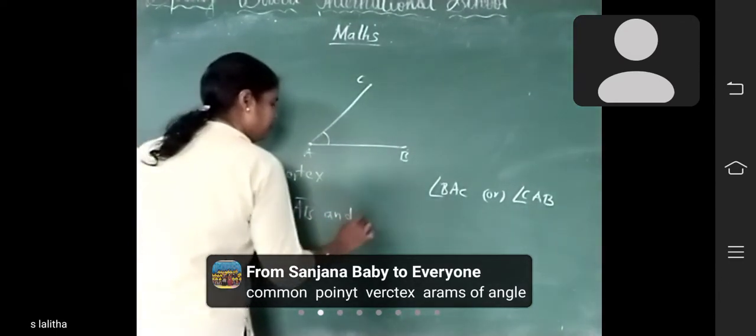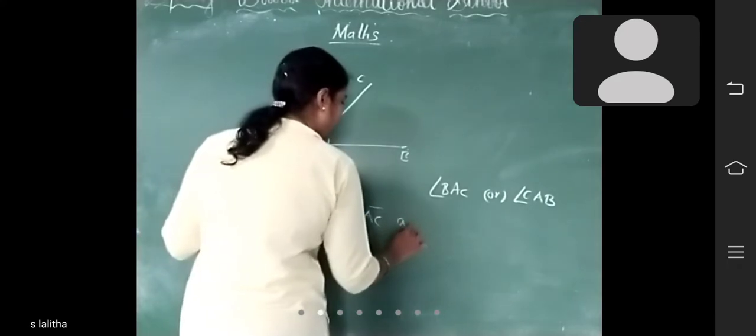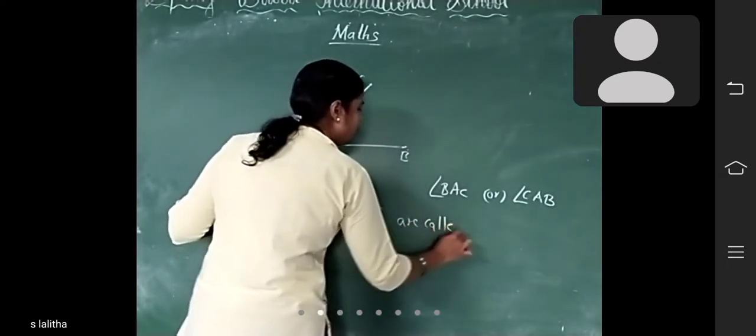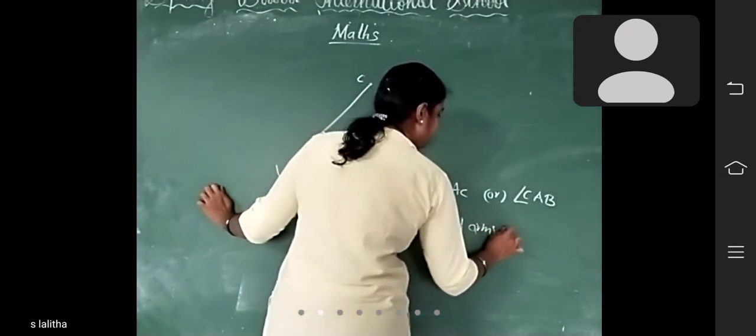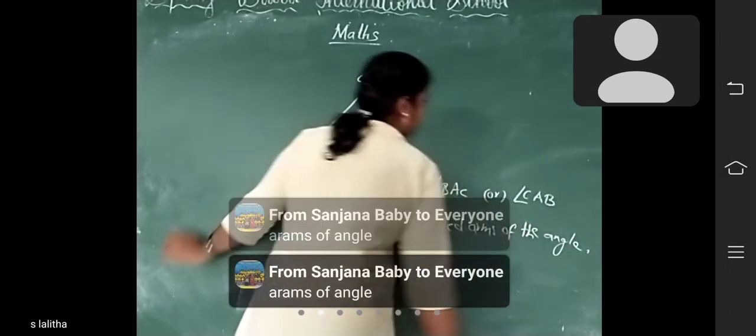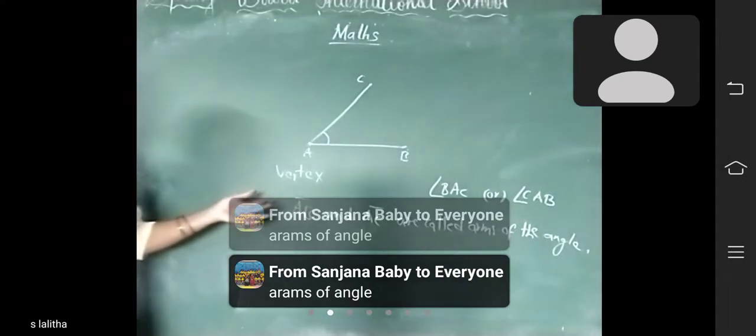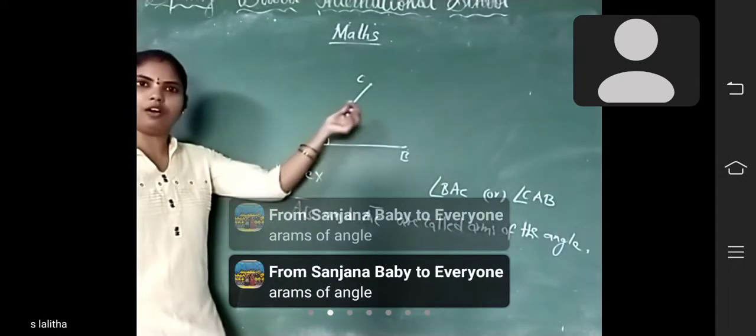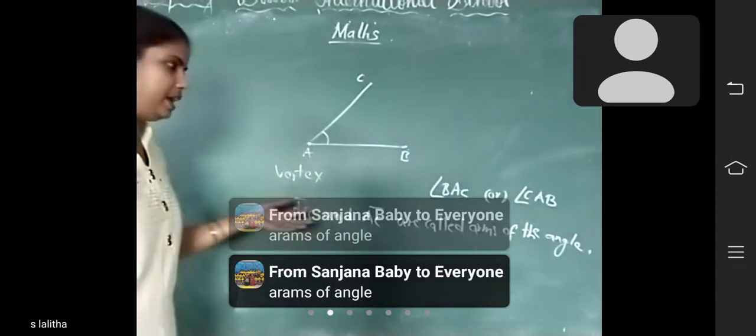AB and AC are called arms of the angle. So an angle is formed at a common point of two line segments or two rays.